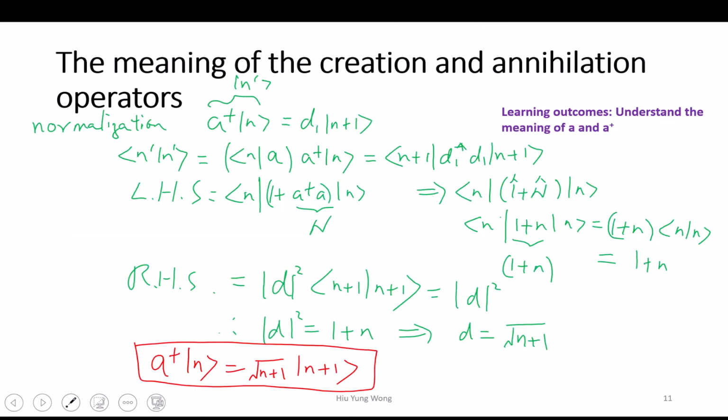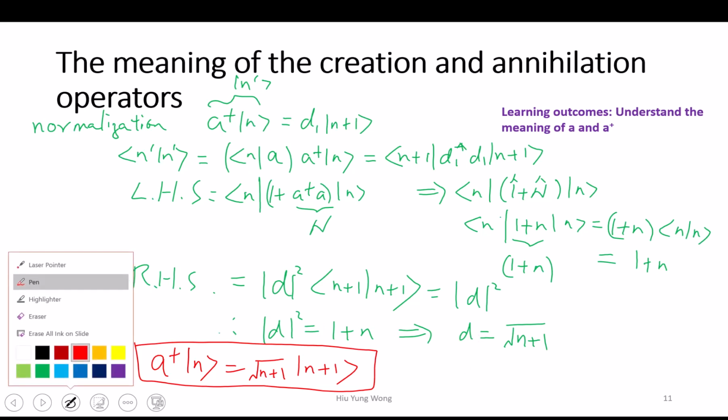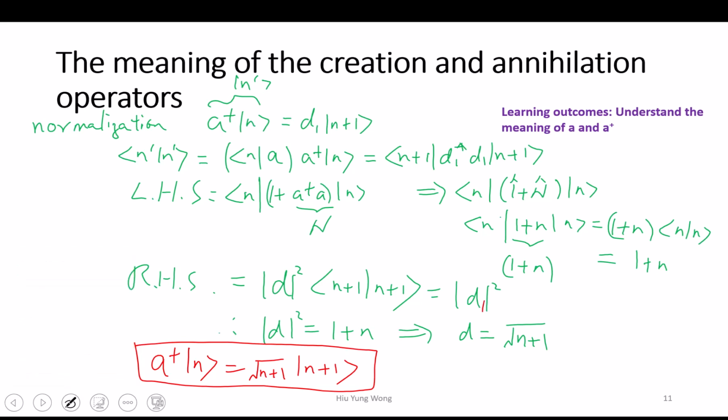And now I found out that D1 equals square root n plus 1. That's why I have A dagger n equal to square root n plus 1 times n plus 1. Are the creation and annihilation operators unitary? No, they are not. You see, they don't preserve the length. Good point. Is it okay?